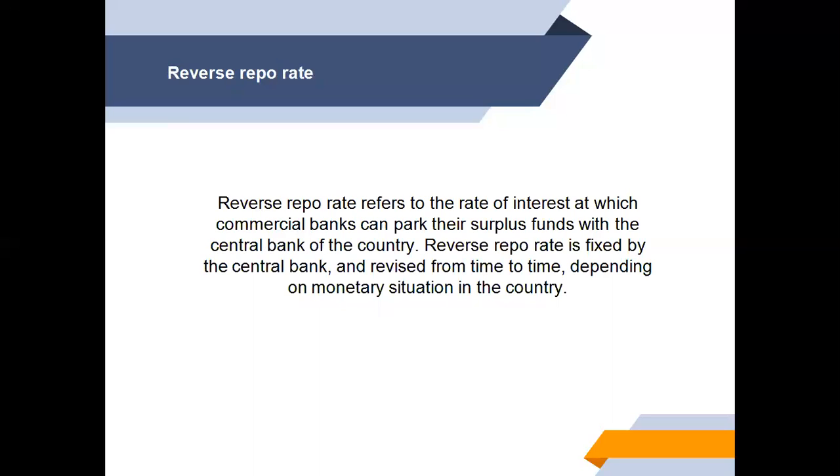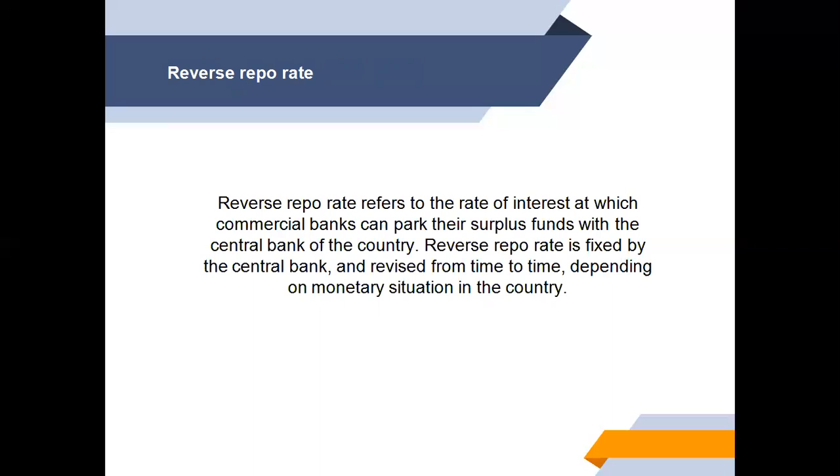Reverse repo rate refers to the rate of interest at which commercial banks can park their surplus funds with the central bank of the country. Reverse repo rate is fixed by the central bank and revised from time to time depending upon the monetary situation in the country.